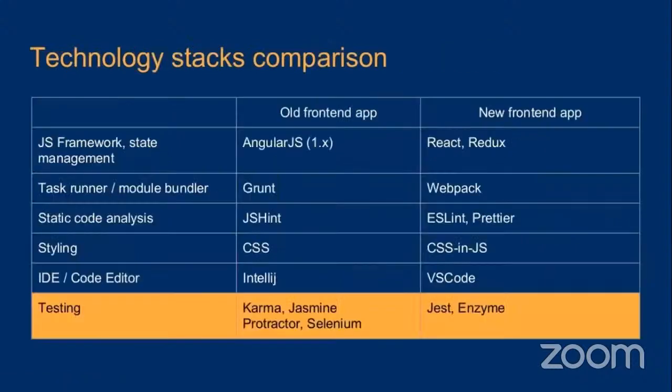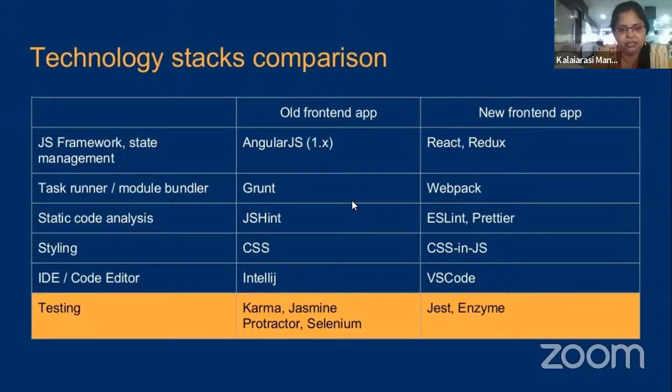Now, if you observe, these are the stacks which you can compare: Angular with React, Grunt with Webpack, JSHint with ESLint, CSS with CSS-in-JS, and IntelliJ and VS Code. These are a few things available in the market. If you observe old front end and new front end in this manner, previously there was AngularJS. In AngularJS, we used to write Karma and Jasmine and Protractor, and then Selenium tests were also done.